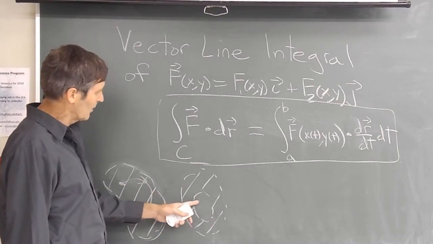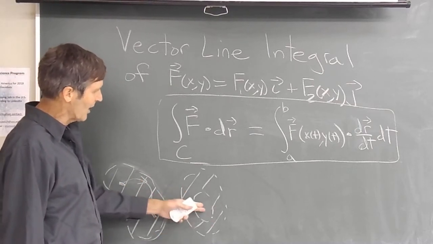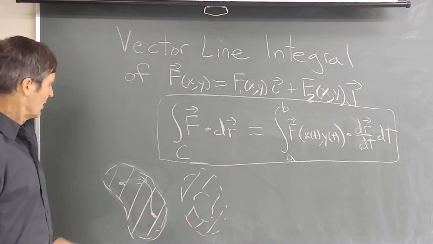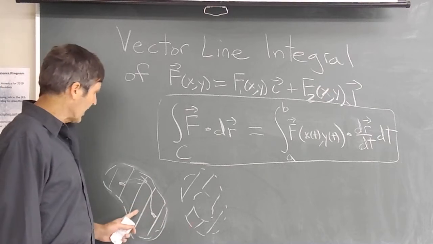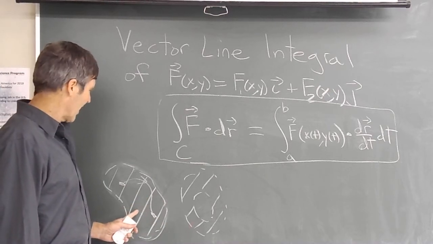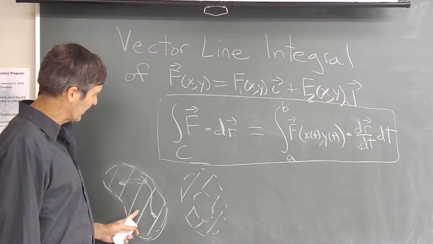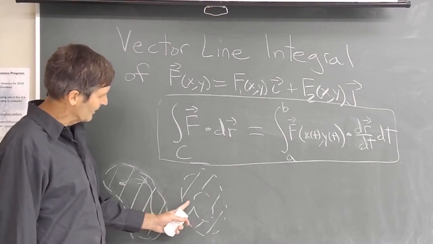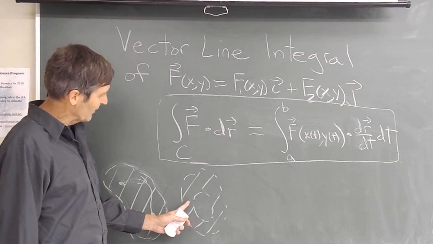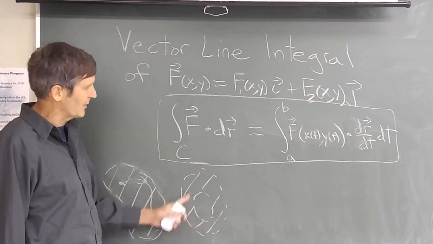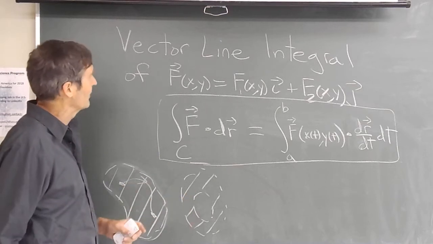If you make a loop that encloses this hole, you can't shrink it down to a point continuously without exiting the region. So on this type of region, F is conservative if and only if df2/dx equals df1/dy. On this region, if it's conservative, then df2/dx equals df1/dy, but df2/dx equals df1/dy doesn't necessarily imply it's conservative.